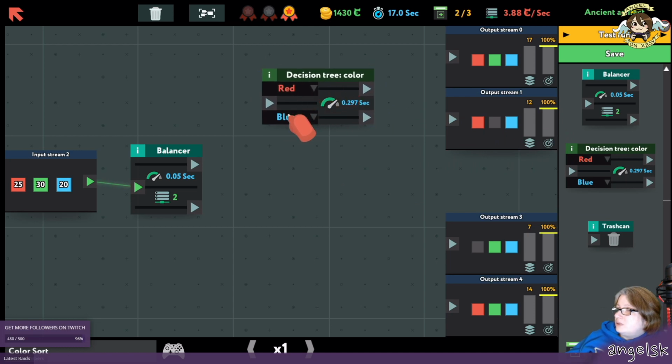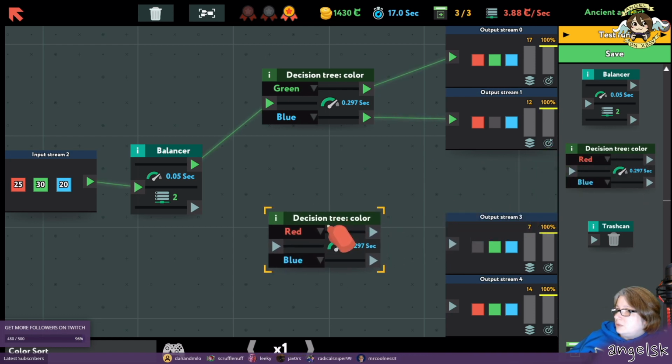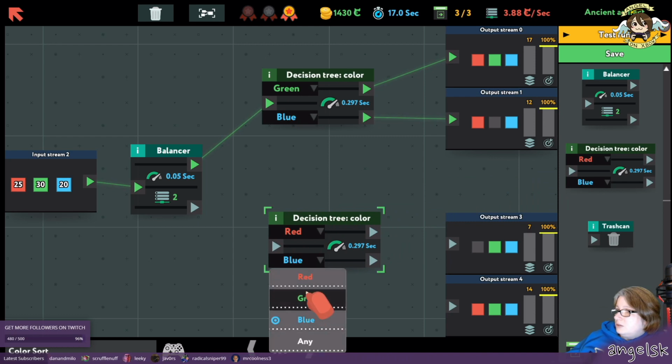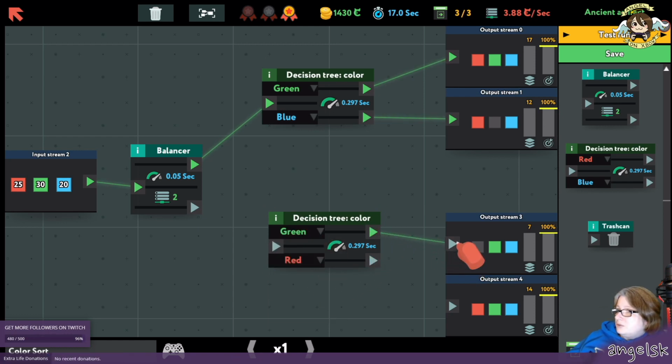So this wants blue and green. And then they'll both get equal amounts of red. And then this one wants red and green and they'll get equal amounts of blue.